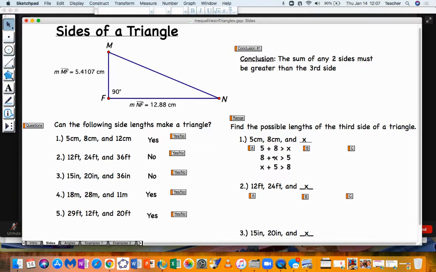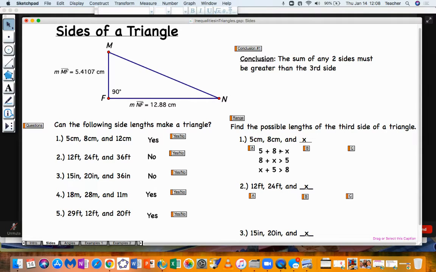So the three statements that have to be true are: 5 plus 8 has to be bigger than the third side; 5 plus that third side has to be bigger than 8; and 8 plus that third side has to be bigger than 5. These are your three statements.